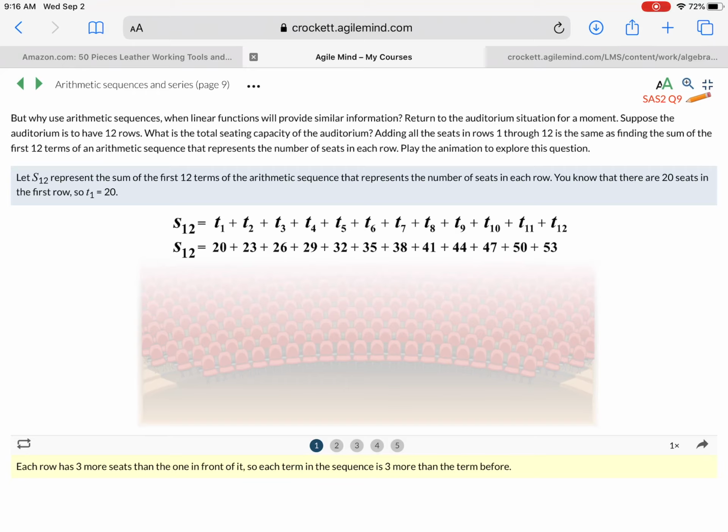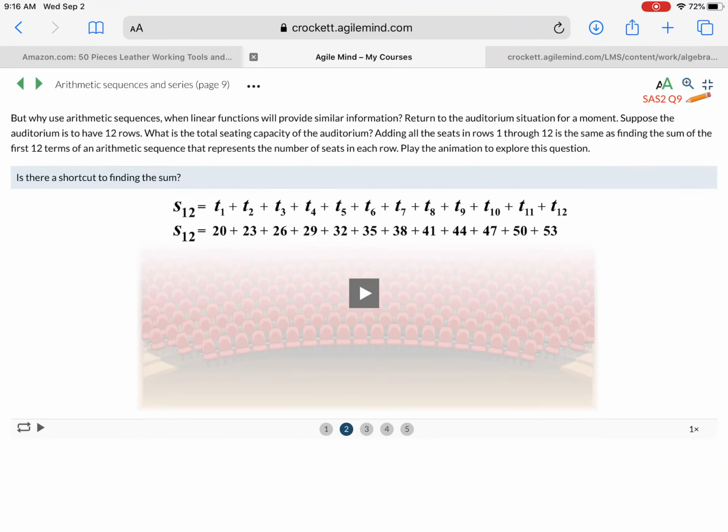All right, now, nobody has time to add up all those numbers. If we have a calculator, yes, you can go for it. But a lot of times we don't have a calculator, so I'm going to show you a trick, okay? So I want you to hit this number 2 at the bottom, and I want you to hit play. And first, it says, look at the pair of terms. So I'm going to stop right there.